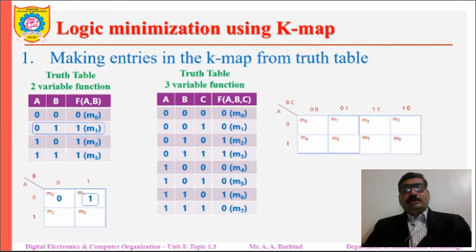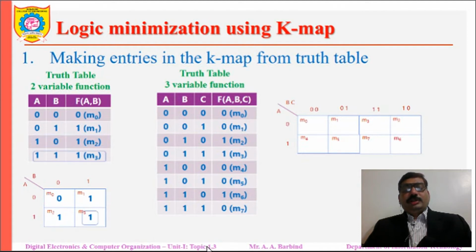Like that, the next entry in the truth table is for the row in which A is 1 and B is 0, the output is 1. So this 1 entry goes in the cell labeled M2 for which A is 1 and B is 0.